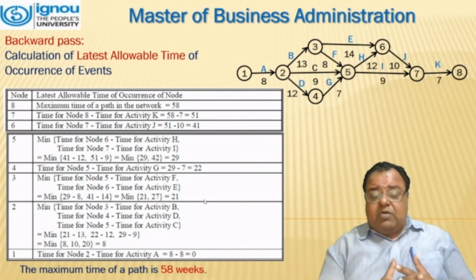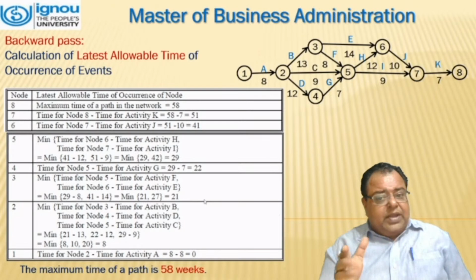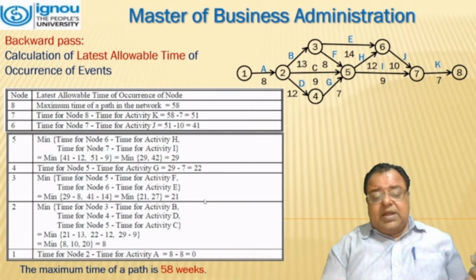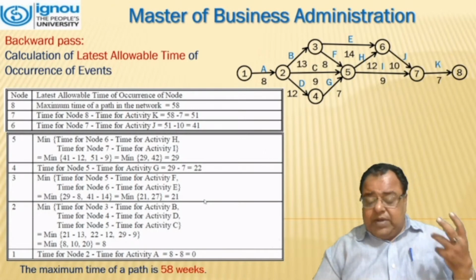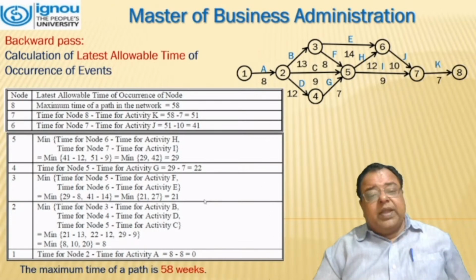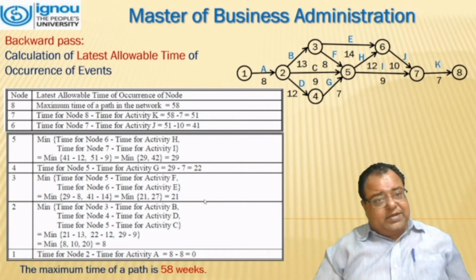And time for node 5 is 29, and the time for activity C is 9. So we will be calculating all these three numbers. We get 8, 10, and 20. We have to consider only the minimum one, that is 8. And for node 1, it is 8 minus 8, which is 0.